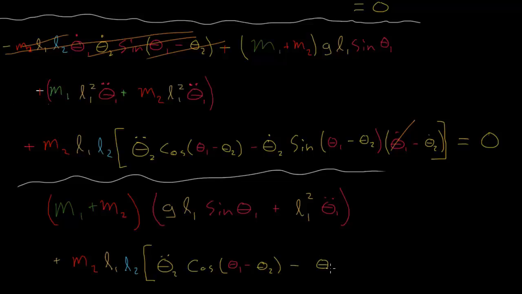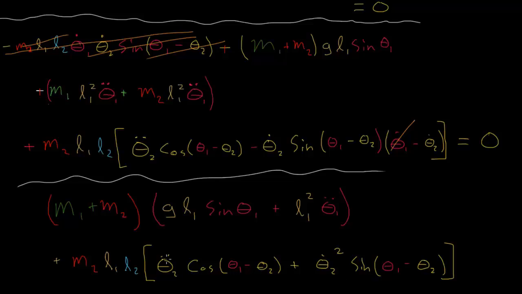These two terms almost look like they could combine into something, but this is a little bit different. This is the second derivative with respect to time of theta, and this is the first derivative of theta 2 squared.